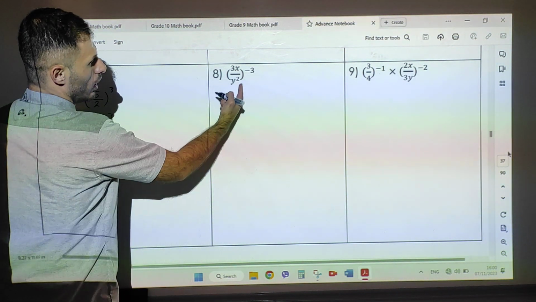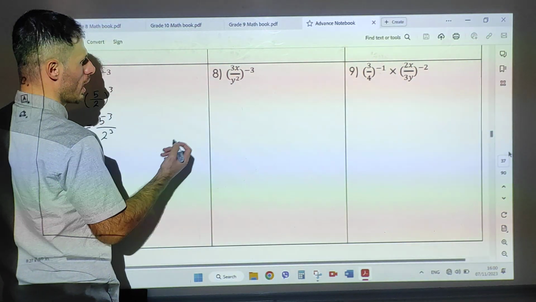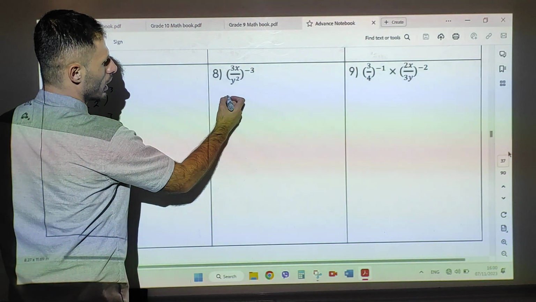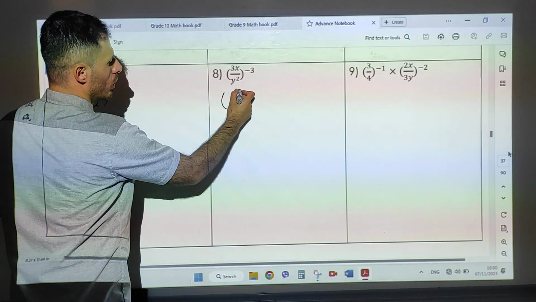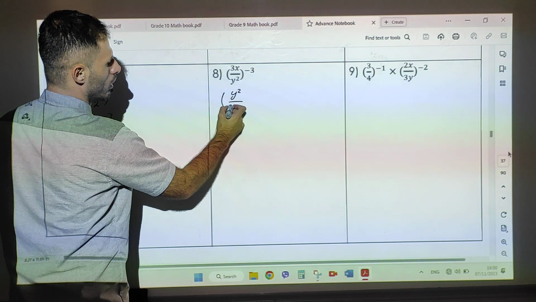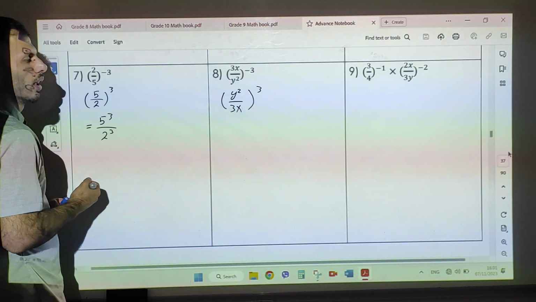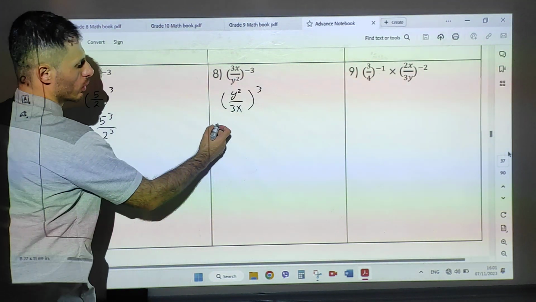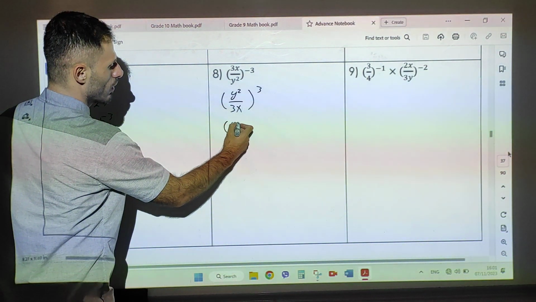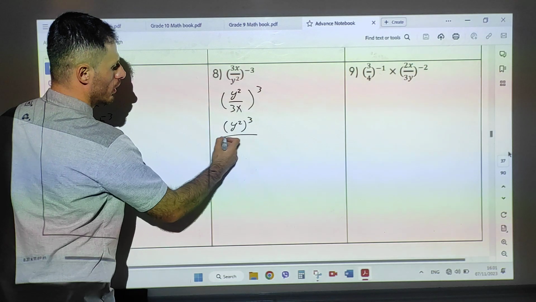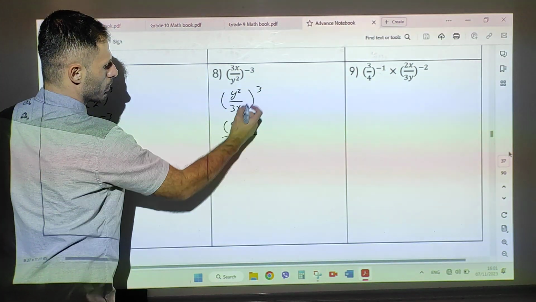For the next one, we have a negative power. At first, we can make it upside down: y power 2 over 3x, all to the positive power 3. Now this power of 3, we can give it to all of them: y power 2 power 3, 3 power 3, x power 3.